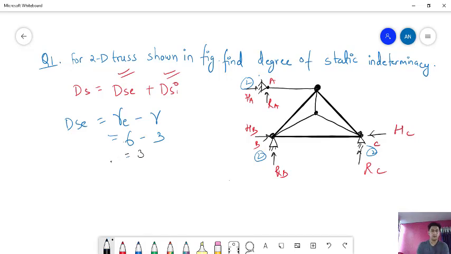Now the formula that I have told you for internal static indeterminacy for a 2D truss is: the number of unknown forces, which will be the number of members, m, minus the available equilibrium equations, 2j minus 3.